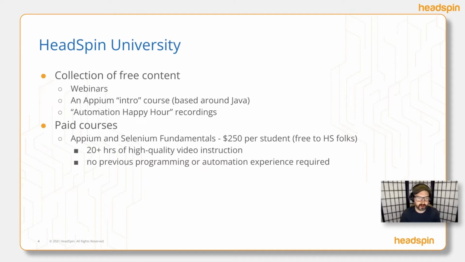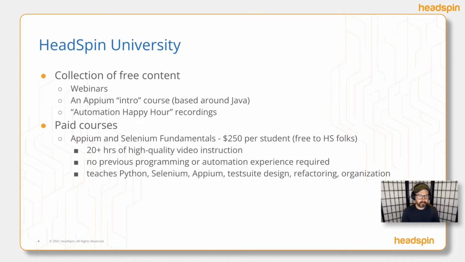It takes you from a starting point of not necessarily having any programming experience or automation experience before to take advantage of the course. So it basically teaches you programming. There's a module on Python. It's probably not the best way to learn Python that's out there, but I wanted the course to be totally self-contained, so I felt like I had to teach things from the ground up.